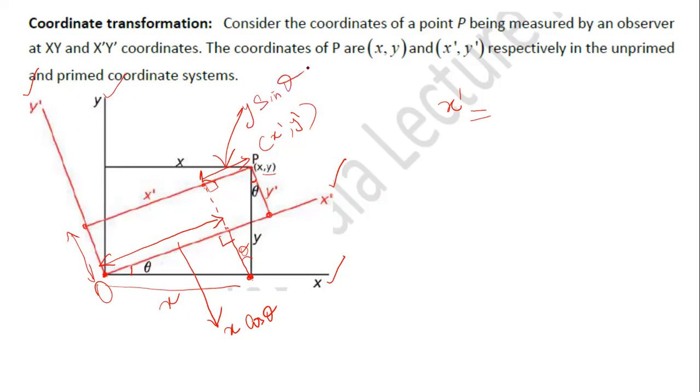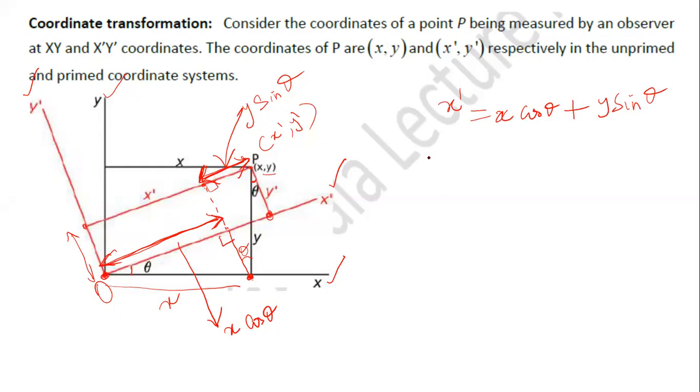So your x prime, from this to this, will be the addition of these two segments of line. This segment in terms of x is x cos theta, and this segment in terms of y is y sine theta. You can just see it from the figure. Try to picture the right angle triangle I drew with the dotted line.